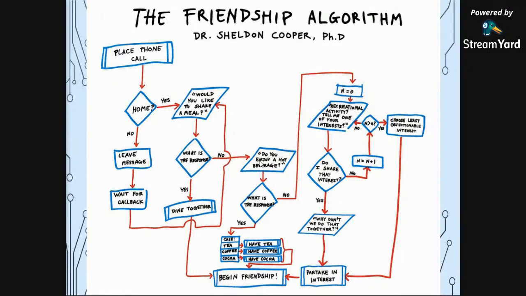If they say no, then he goes to this point. Would you enjoy a hot beverage? No. And then what is the response? If yes, then he goes down here. Otherwise, oh no, you don't want a hot beverage. So I'm going to go over here, and are we going to have a look at a recreational activity? What's one of your interests?